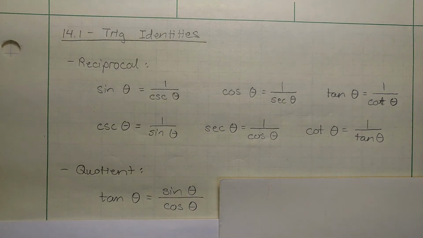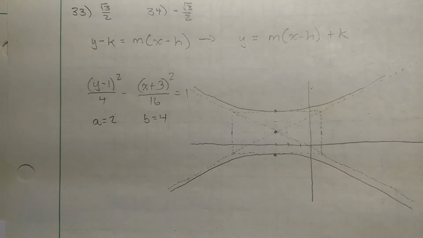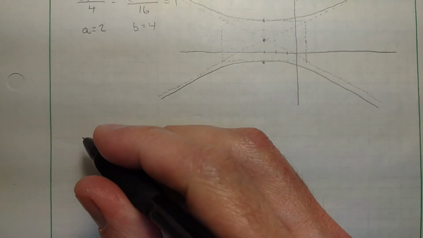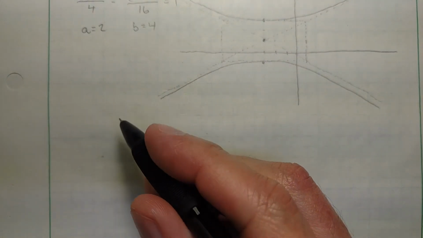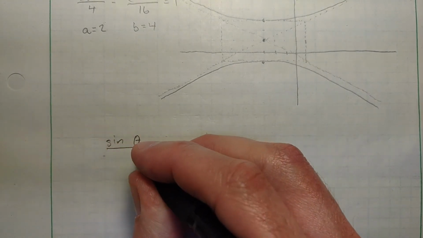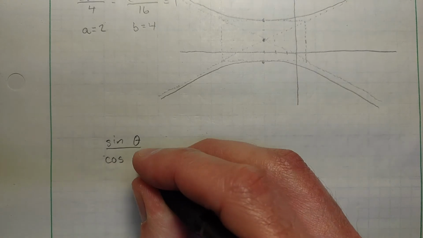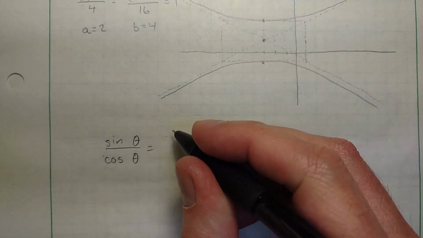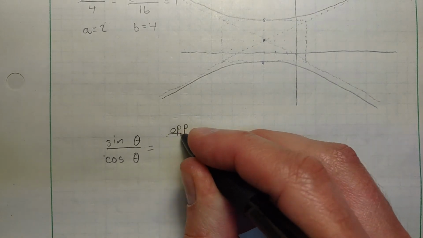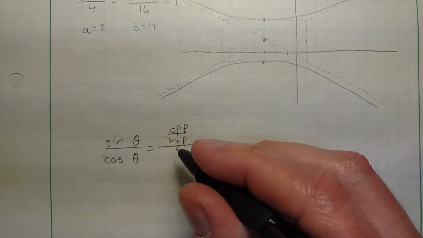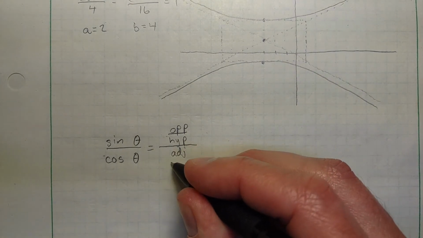So you can ignore the stuff that's up, that's just stuff that's on the board. If we look at the sine theta over the cosine of theta, we know sine is opposite over hypotenuse. So we can put opposite over hypotenuse. And we know the cosine is adjacent over hypotenuse.